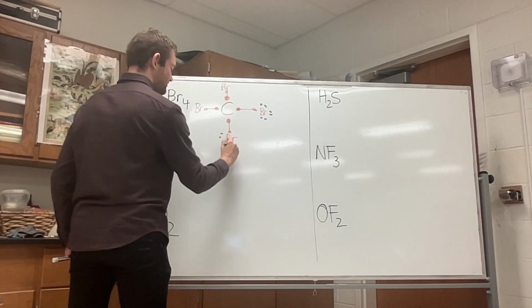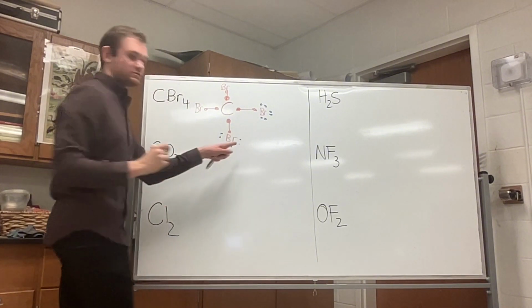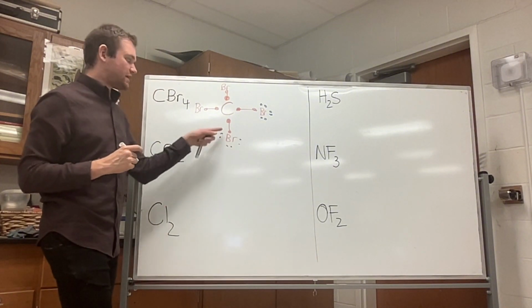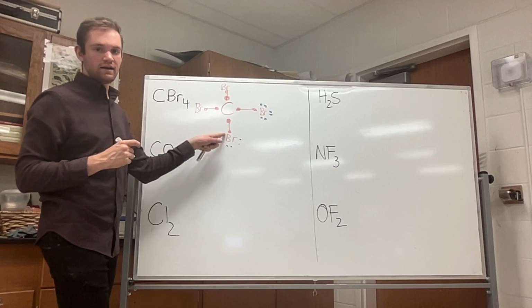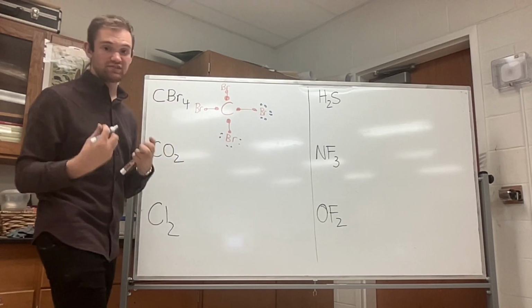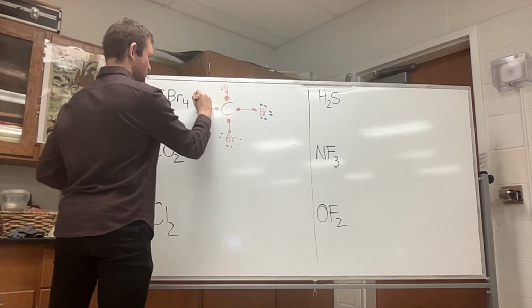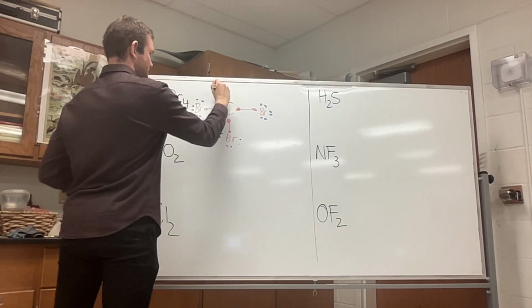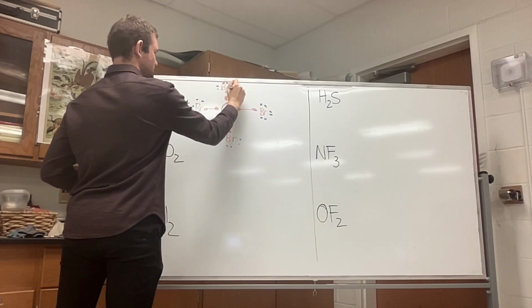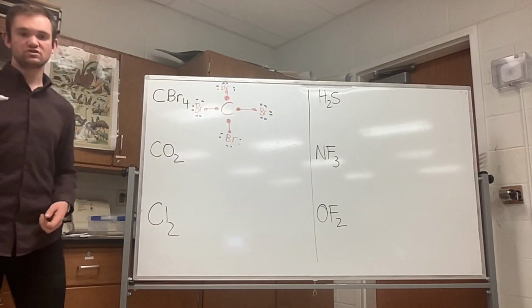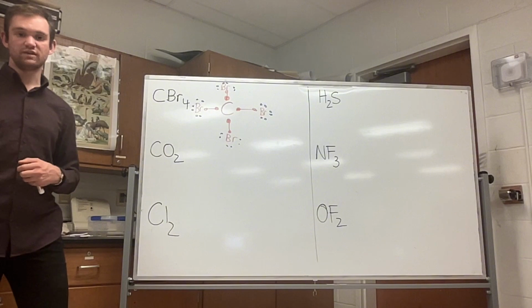So I have 6 valence electrons here, plus my 7th right here, and then carbon's giving it its 8th. So that's how CBr4 looks. This is my Lewis dot structure of carbon tetrabromide.